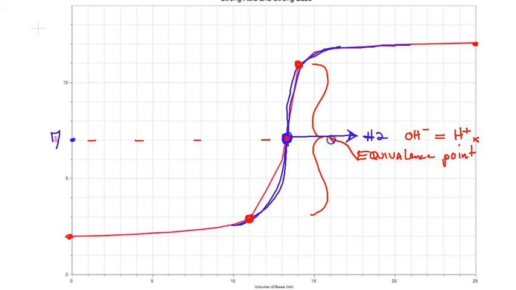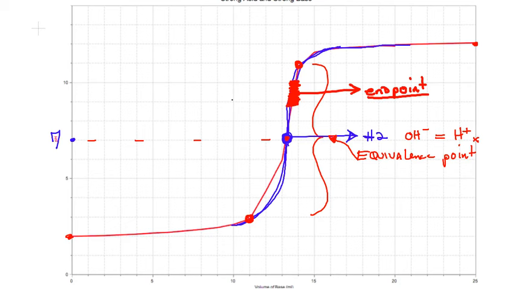Let's talk about the endpoint in the titration. Where did the indicator tell me that the titration would end? If you look carefully, that would be somewhere in this range here. So this would be the endpoint. The endpoint is the pH where the indicator changes color.